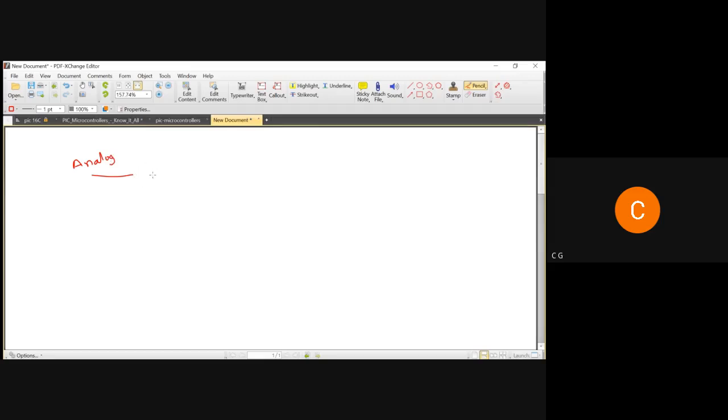An analog signal is coming and we want to convert it, so there is a D to A converter, and there is an analog to digital converter.